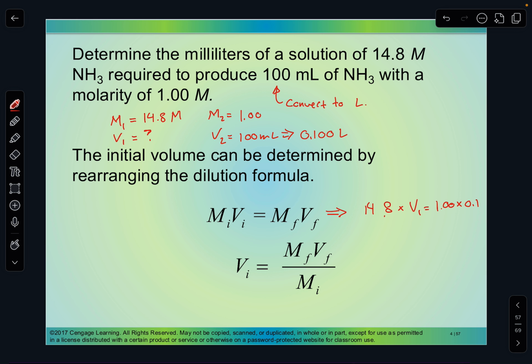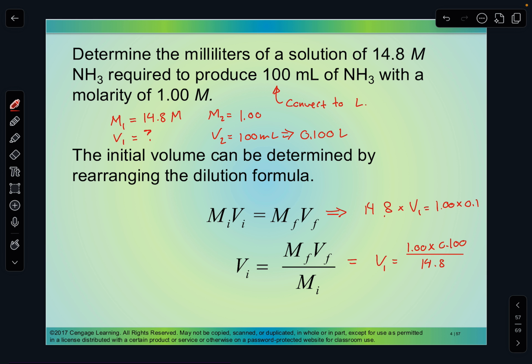And we'll rearrange it as it does here, and we'll say that V1 equals 1.00 times 0.100. I didn't use the right sig figs before, that's okay. 1.00 times 0.100 divided by 14.8.